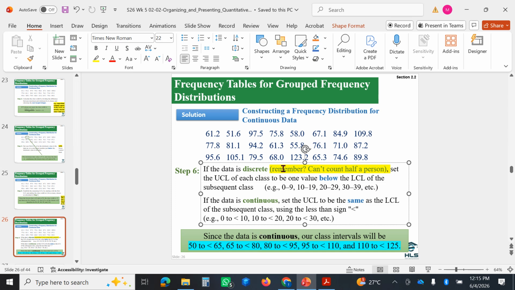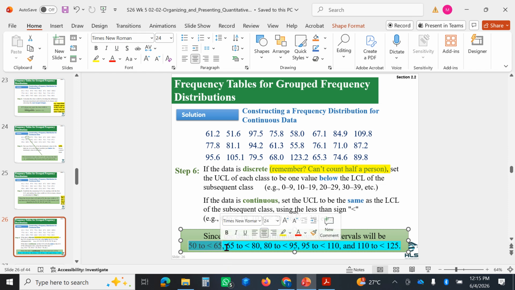Since the data is continuous, right, we are talking about this data here, the weight in kg of these patients. These are what the groups are going to look like, right? Remember, we had 50 to under 65. And then the next group will be 65, because 65 is not included. It's all numbers under 65.